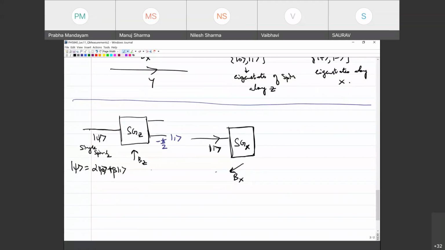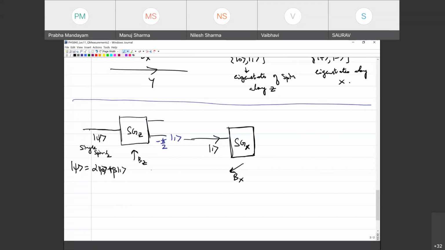The measurement has collapsed the state down to 1, and I now want to pass it through a Stern-Gerlach X setup. There's a single particle, so there will be no split; there will be probability in either direction. It will either give you a plus half along X or a minus half along X.